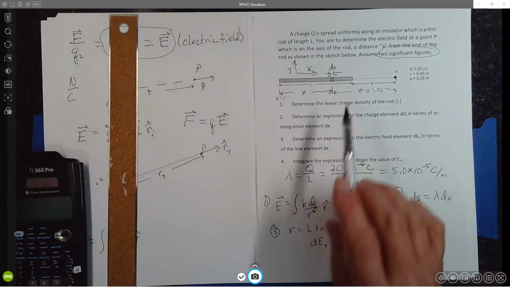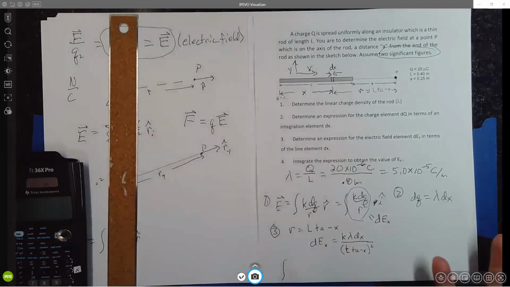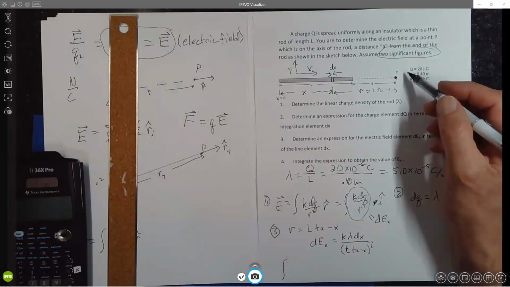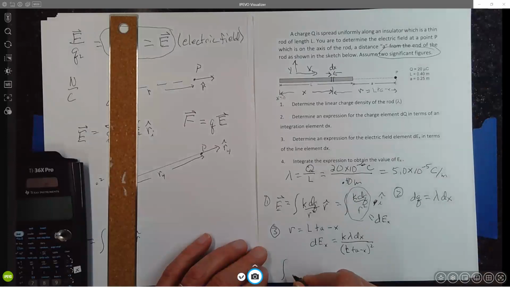So when I set up my integral, it's going to look a lot like the expression that we had yesterday. The only thing it's missing is that second charge Q. I'm just after the electric field here instead of the force on some particular charge.